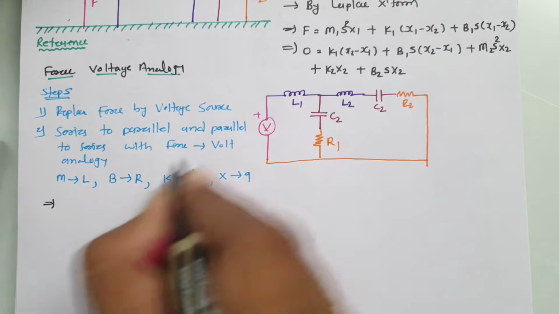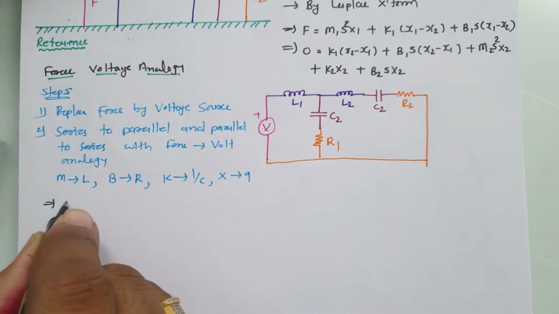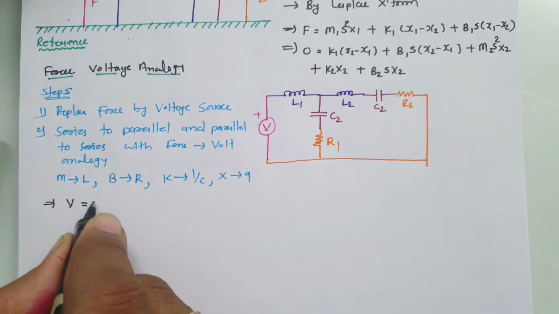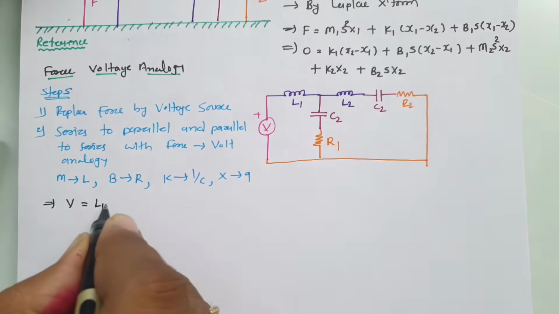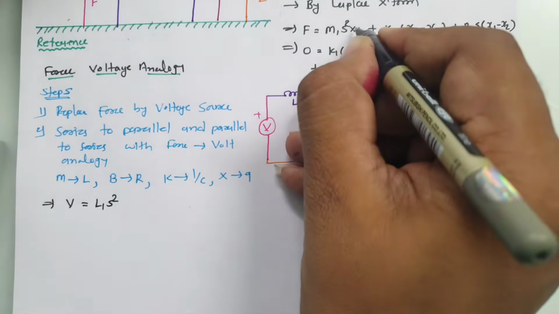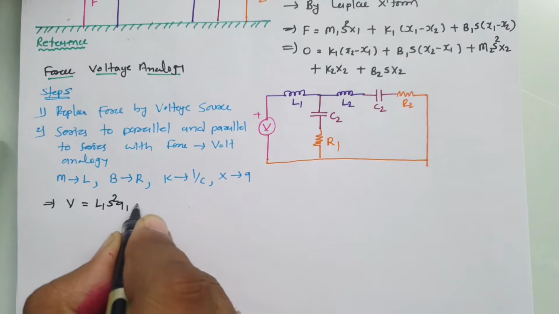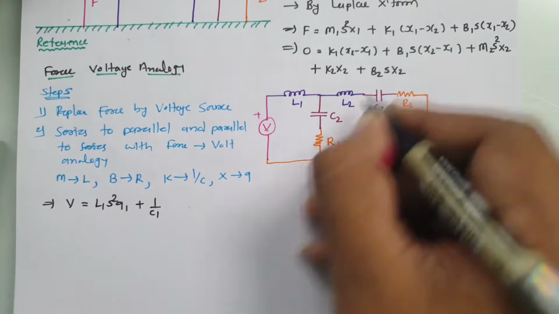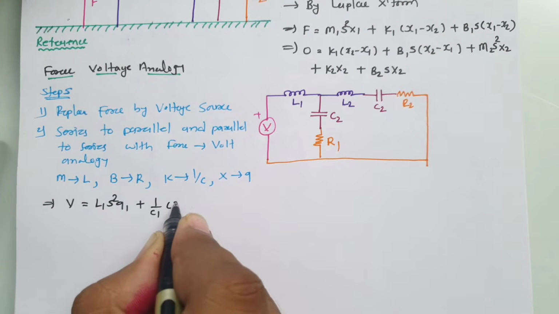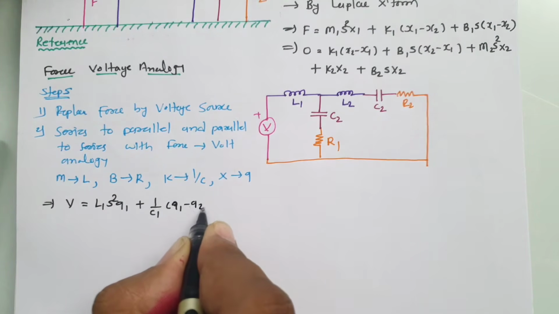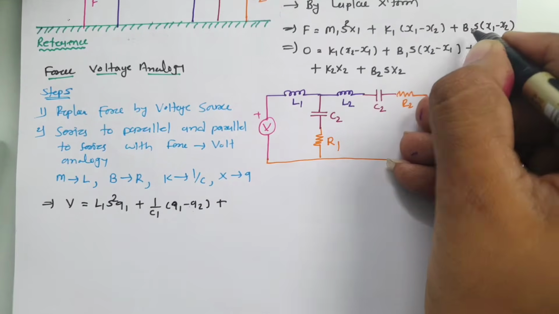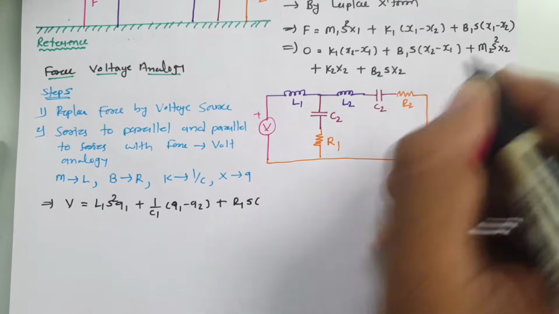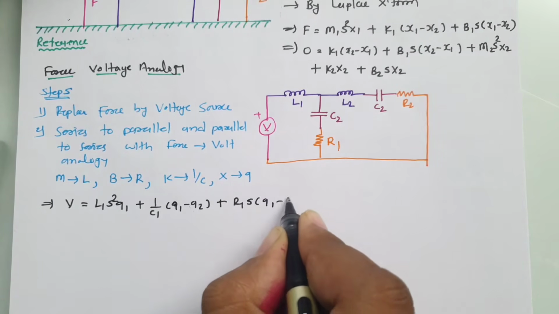Now the force will be equal to voltage, that is equal to the mass M1, which is inductance L1 into S square into X1, that is Q1, plus K1, that is 1 by C1 into X1 minus X2, that is Q1 minus Q2, plus B1, that is R1 S into X1 minus X2, that is Q1 minus Q2.